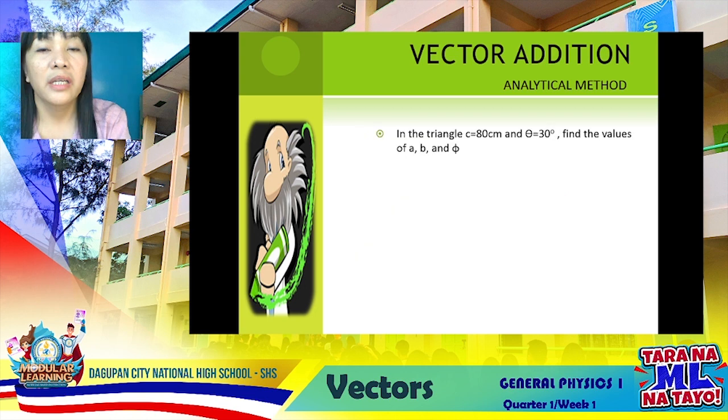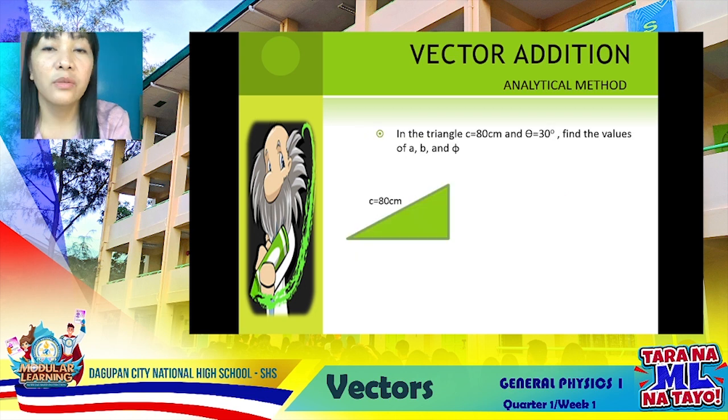In this next example, in a triangle, C is equal to 80 centimeters and theta equals 30 degrees. Find the values of A, B, and phi. So notice there that A is at the opposite side of the angle while B is the adjacent side of the angle.